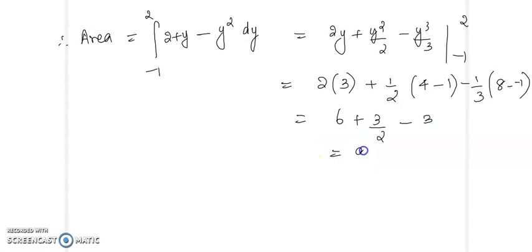So that is again 3. So that is 9 plus 3 by 2. So that is 3 plus 3 by 2. So that will be equal to 9 by 2. So the required area is equal to 9 by 2.